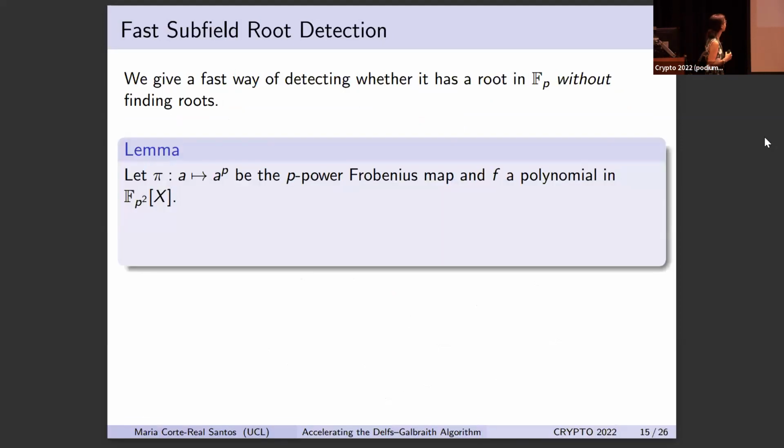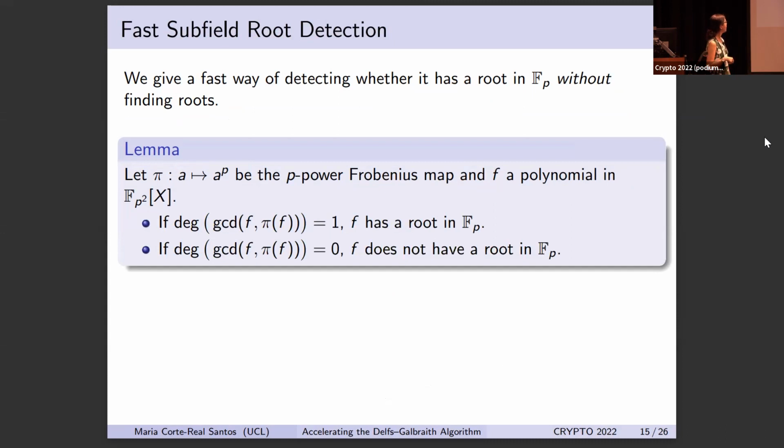So yeah, our fast subfield root detection gives a fast way of detecting whether you have a root in FP without actually computing the roots. So this is sort of the key lemma. If you take the p-power Frobenius map, all this does is act on a polynomial f by raising the coefficients to a power of p.